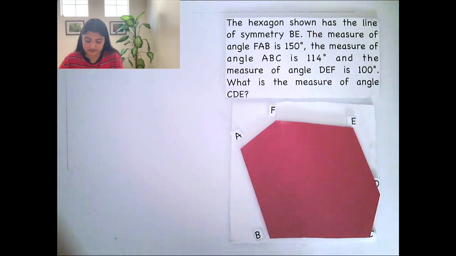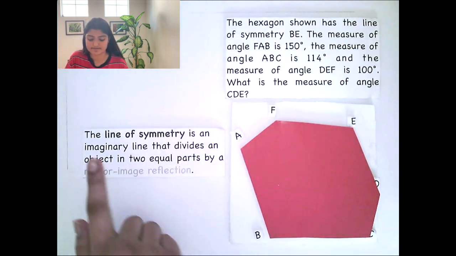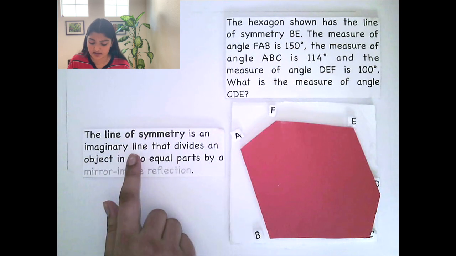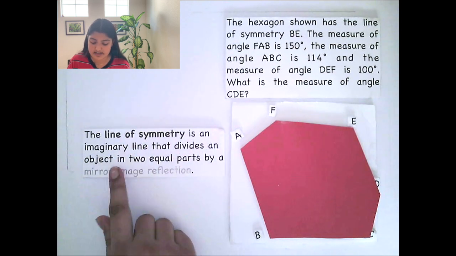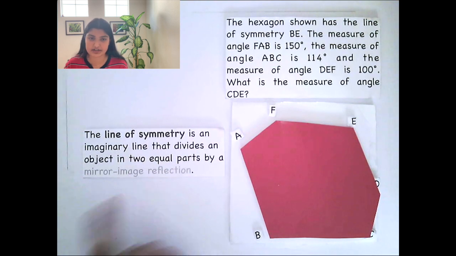Now before we jump into this question, it's important to understand what the line of symmetry is. The line of symmetry is an imaginary line that divides an object in two equal parts by a mirror image reflection.